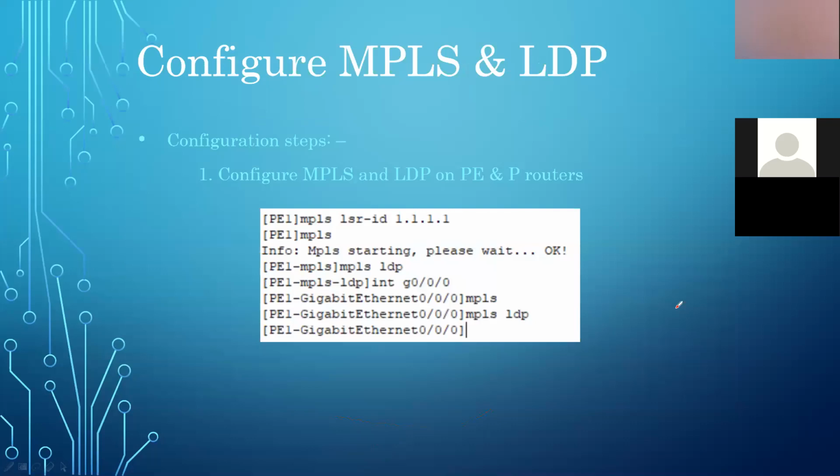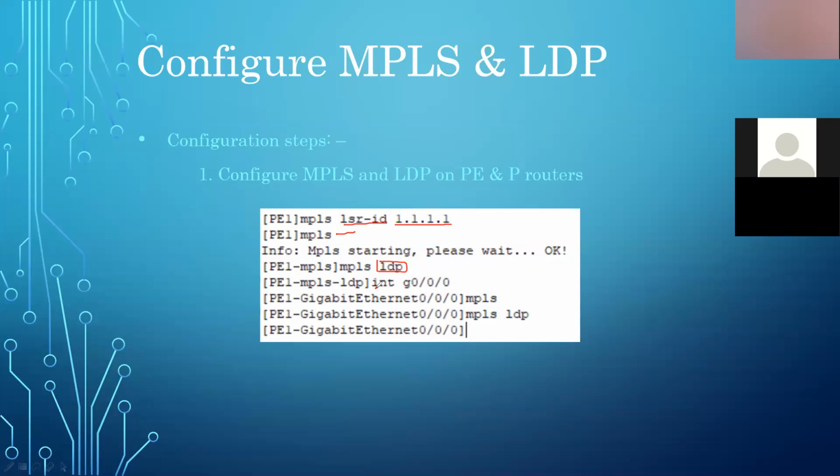And here is how we configure MPLS and LDP. Here are the configuration steps. In order to configure MPLS, first we have to define the label switching router ID globally, and we have to enable MPLS again globally. After the MPLS process is started, we have to define the MPLS label distribution protocol, that means LDP, which is the dynamic one.